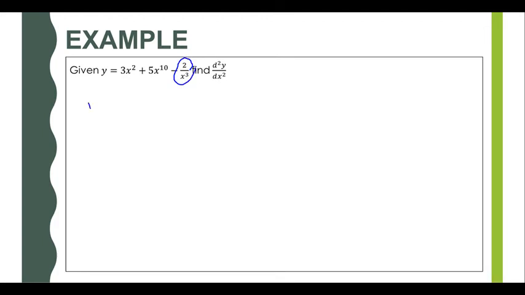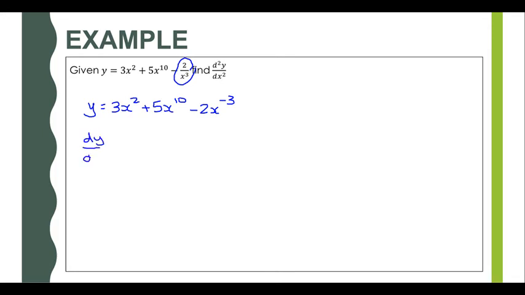So we need to rewrite this as y equals 3x squared plus 5x to the power of 10, and then using our indices laws we can write the last term as 2x to the power of minus 3. So because the x cubed is on the bottom, we can bring it to the top, but the power changes to a negative. We can now differentiate each of those terms, so we'll find dy over dx.